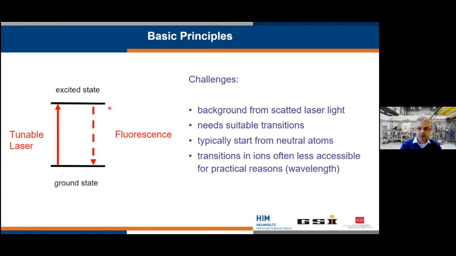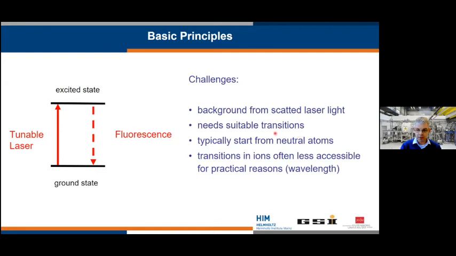Other issues are that you need suitable transitions. Suitable means, on the one hand, you would like to have strong transitions to have a good excitation probability, but suitable also means you have to have a transition where tunable laser light of good quality is available. The other issue is that in many cases, we will have to work on neutral atoms.